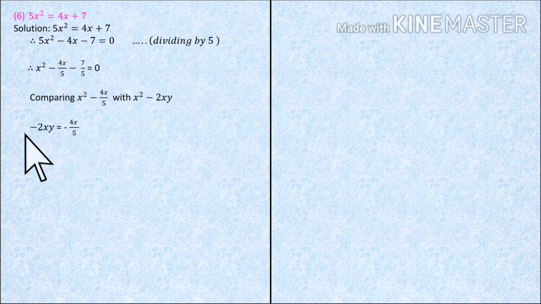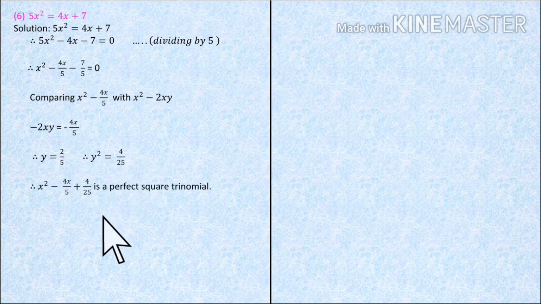Minus sign cancels, x cancels. So 2y is equal to 4 by 5. Then, after dividing by 2, we get y is equal to 2 by 5. Square both terms. Therefore, y square is equal to 4 upon 25.